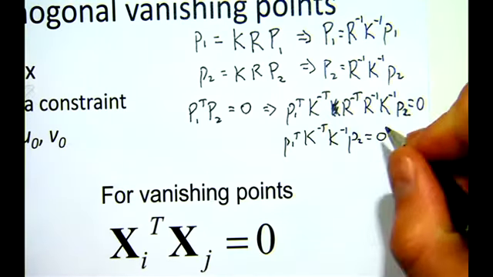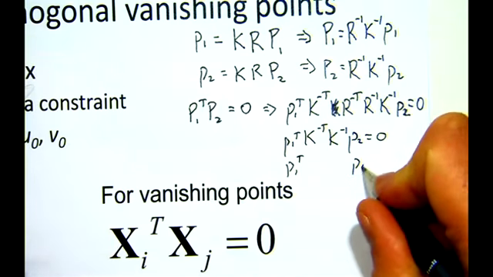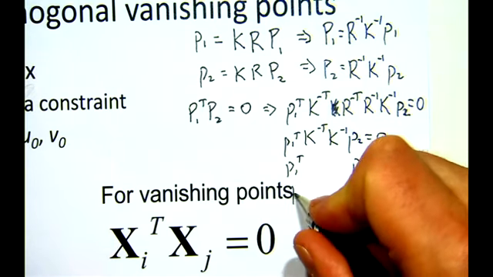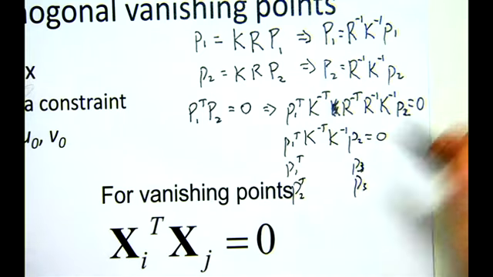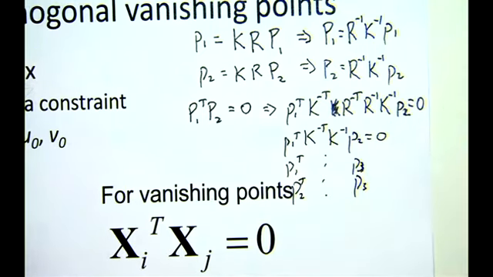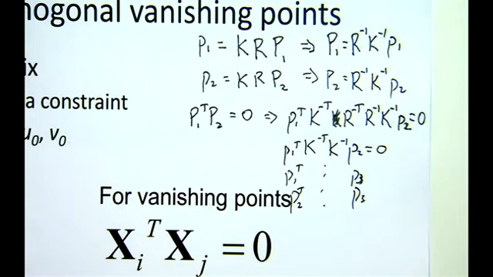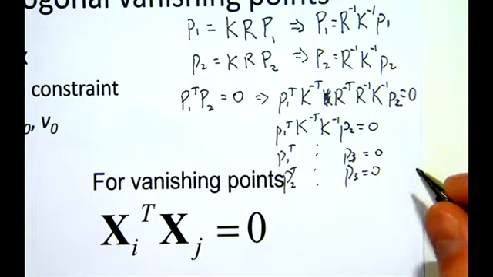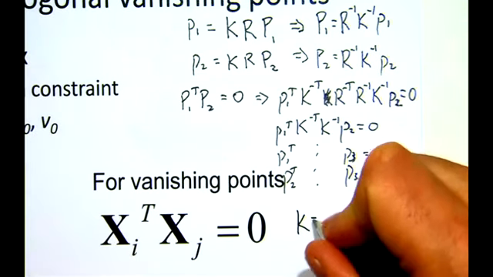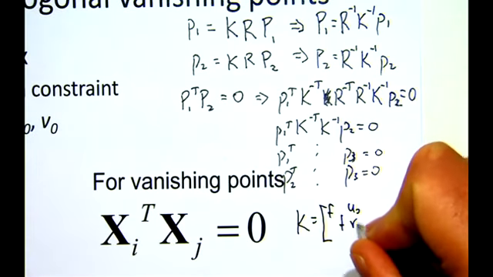And then I likewise have one for p1 and p3, and p2 and p3. I'm going to put dot, dot, dot to indicate that the same K inverse transpose K inverse go there. These are all equal to 0. And then I have K equals f, f, u naught, v naught, 1.